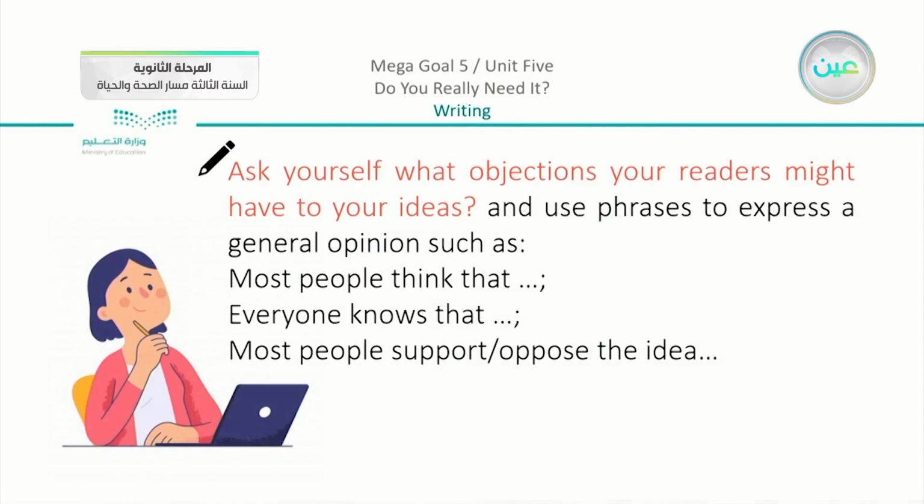Now, keep in mind that there are going to be people that object and disagree with your idea. And use phrases to express a general opinion, such as, most people think that, everyone knows that, most people support, oppose the idea. So here we are giving a personal opinion and also a general opinion.